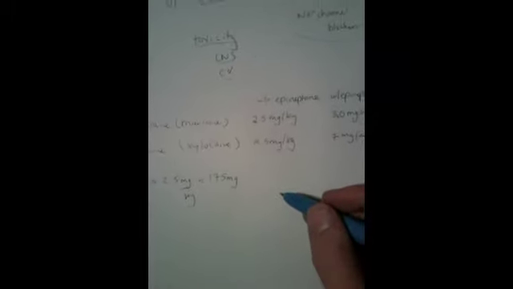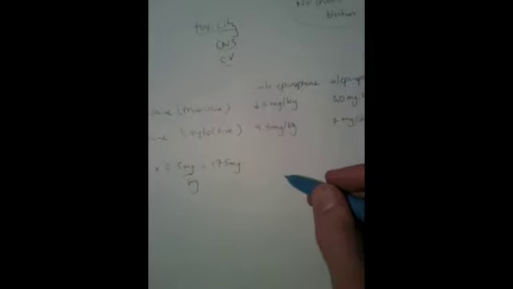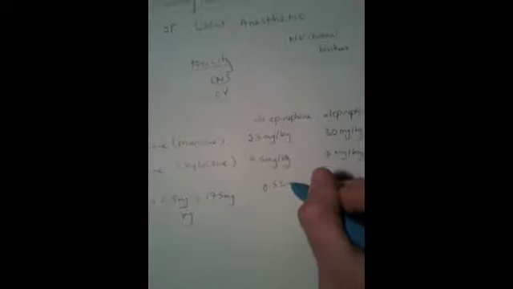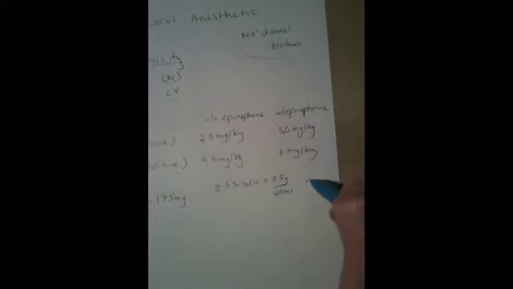Okay, so bupivacaine commonly comes in 0.25% solutions or 0.5% solutions. So let's say we have a 0.5% solution. That's equal to 0.5 grams per 100 mils, or 500 milligrams per 100 mils.